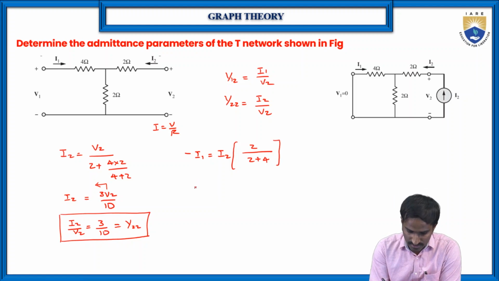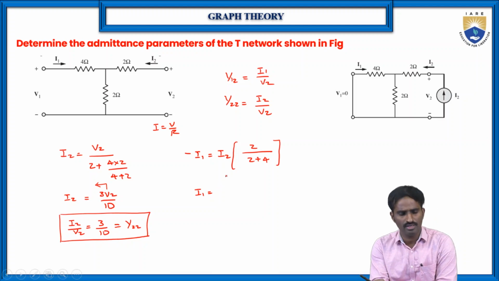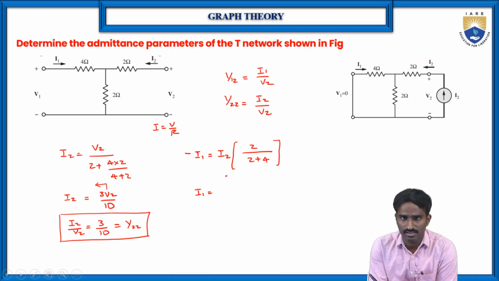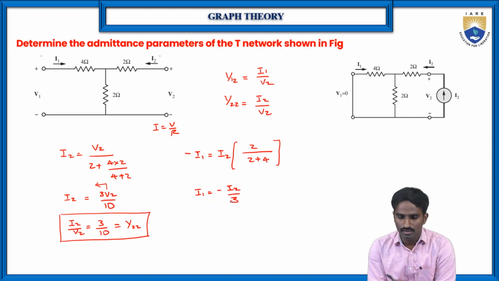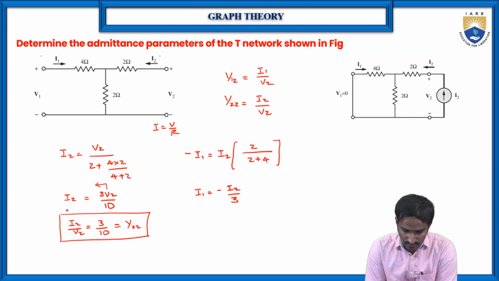So I1 is equal to 2 by 6, or we can make it 1 by 3. So minus I2 by 3, right?